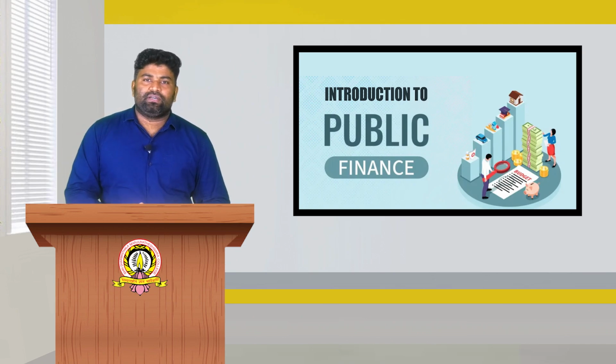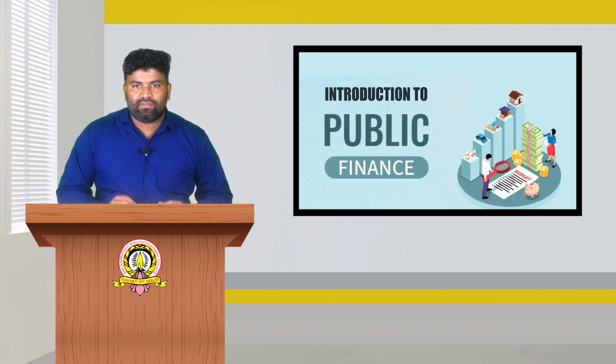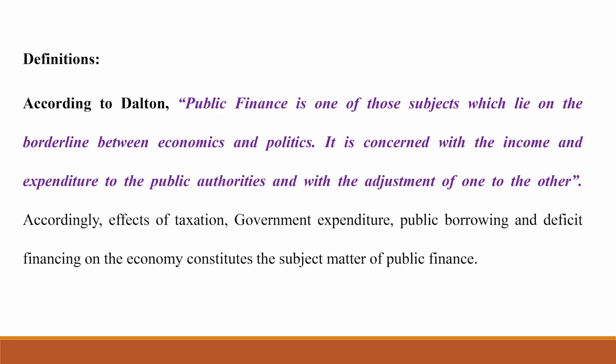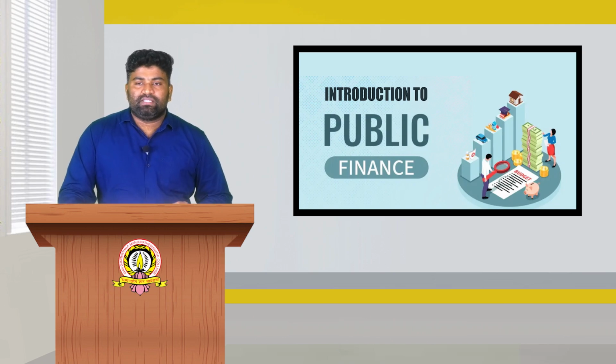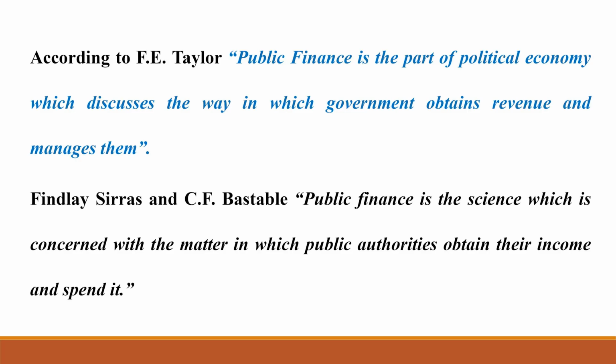Yes, if you go through the definition of Dalton, public finance is concerned with the income and expenditure of public authorities and with the adjustment of one to the other. This is what we have listened to in the previous sentence. This is again the definition given by Dalton, and according to F.E. Taylor, public finance is the part of political economy which discusses the way in which government obtains revenue and manages them.